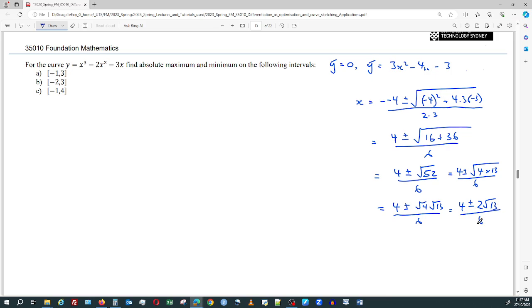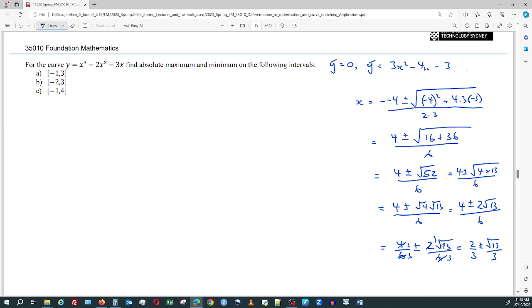We can now split the fraction. So we get 4 on 6 plus or minus 2 root 13 on 6. And clearly there's some factors here. There's a common 2 in here, isn't there? 2 will go into itself, so we'll get it in thirds. So it's 2/3 plus or minus root 13 on 3.